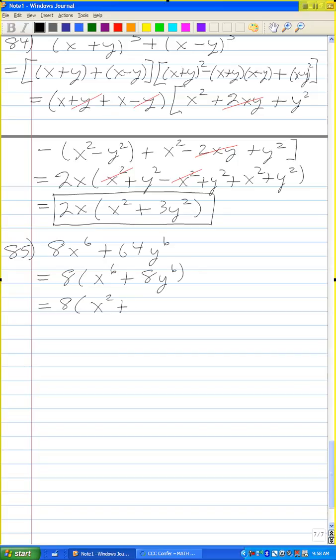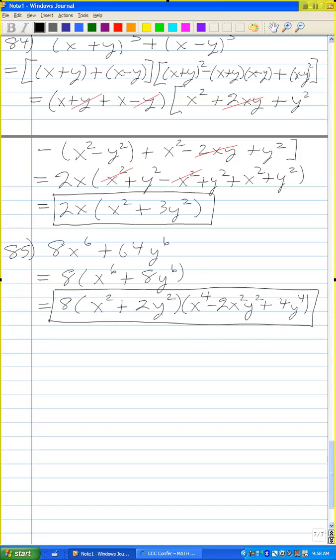Cube root of 8y to the 6 is 2y squared. Square the first term, x to the 4th. Multiply the two terms, x squared times 2y squared, 2x squared y squared, plus 2y squared quantity squared is 4y to the 4th. This is a sum of squares, so I'm done factoring. And it turns out that this is also irreducible over the integers.